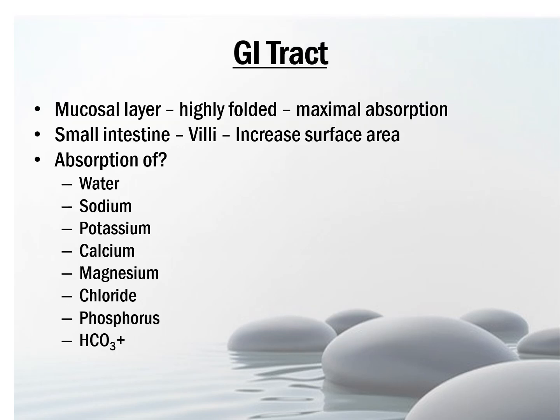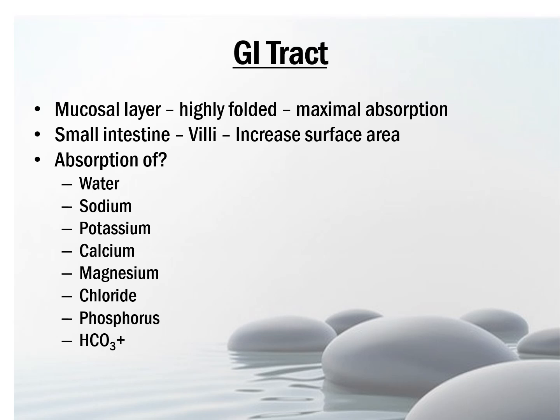All right. So let's talk about the GI tract for a minute. You'll remember from your anatomy that the GI tract has a thick mucosal layer that is highly folded, and in some areas, particularly in the small intestine, there are a lot of villi. There are two reasons for that structure.